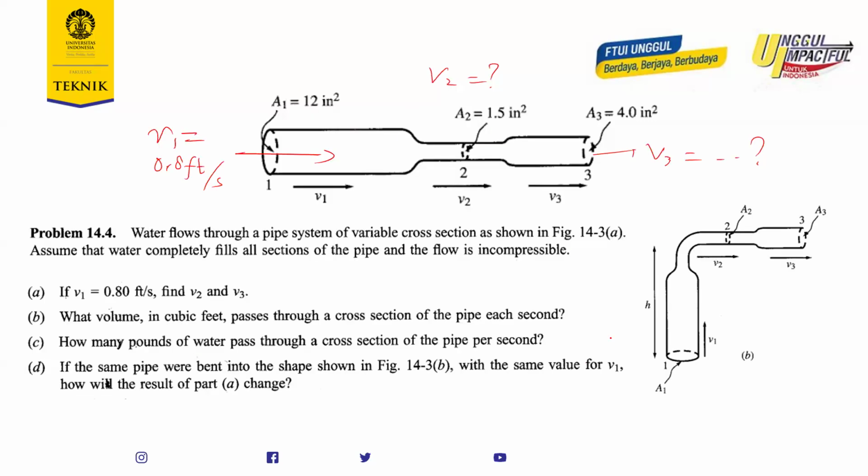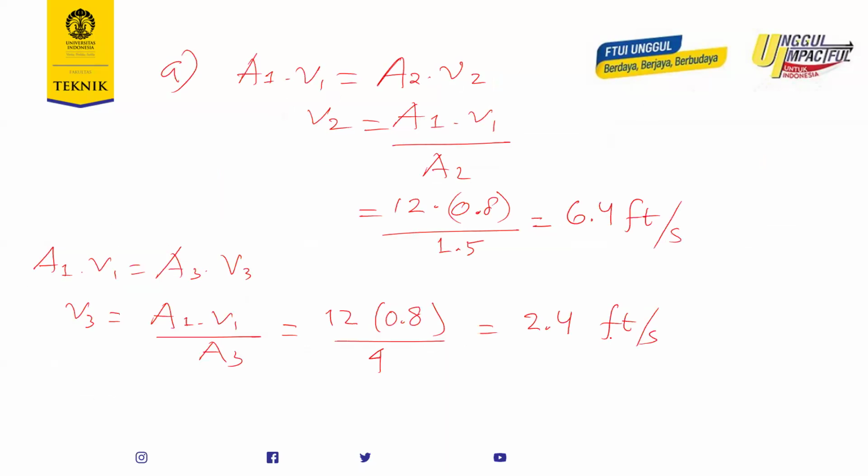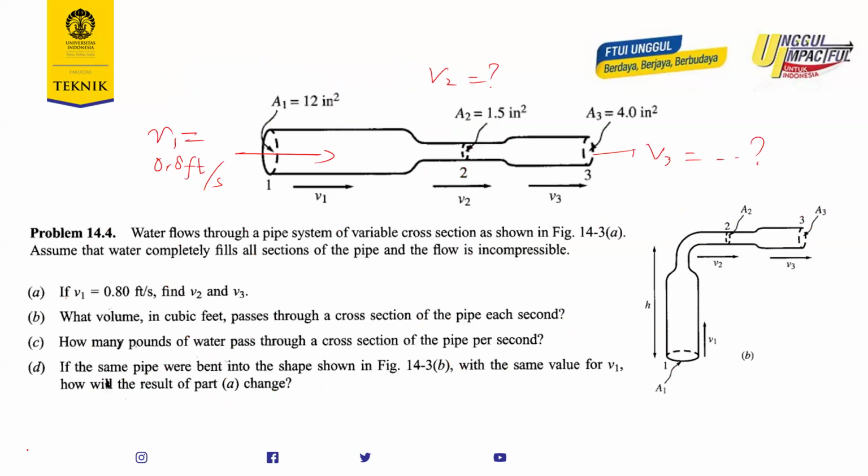And then, what volume in cubic feet passes through a cross section of the pipe each second? We can calculate the volume as A1 V1 times delta T. And then for part C, how many pounds of water pass through a cross section per second?